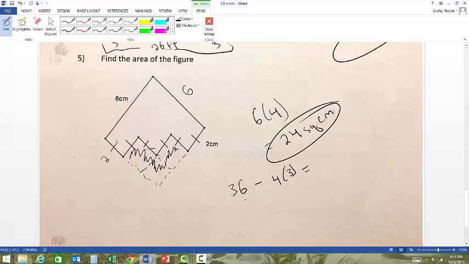So I get 12, and 36 minus 12 will make 24. So you can see there is no real difference. It's just what you have to figure out what your preference is. But I always think for ones that are kind of set up like this, it might be easier to break it into pieces because finding the areas of those pieces seems like a pretty simple task.